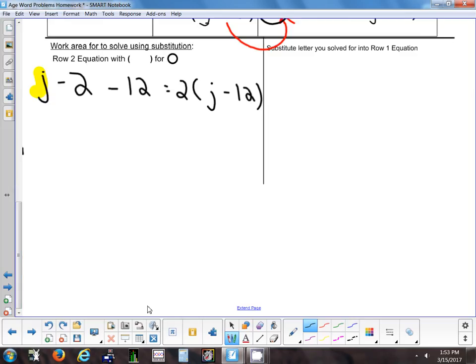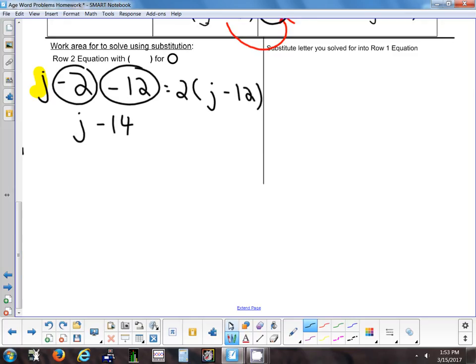Now, this next part. Usually we get to this part and we can just distribute. But this problem's a little bit different. I could distribute right away, but there's something else I could do first. Anybody think they know? Josh? What are the like terms? Negative 2 and negative 12. When I combine them, Josh, what do I get? J minus 14.